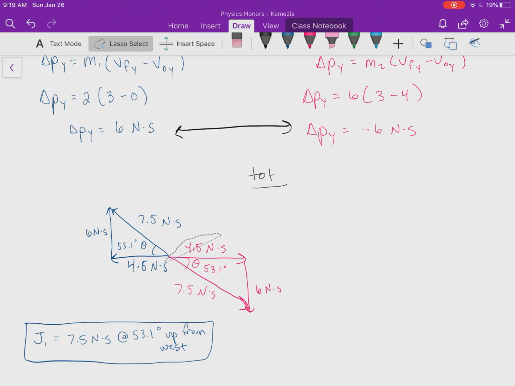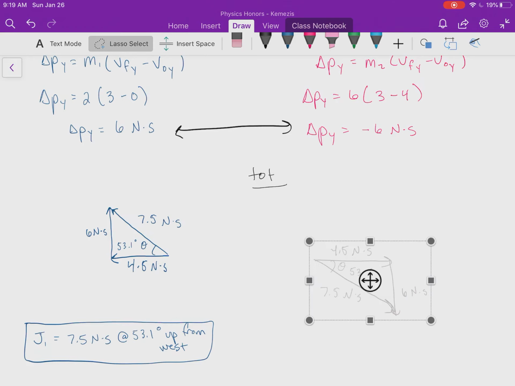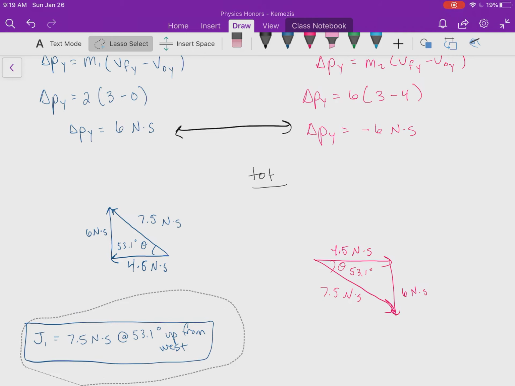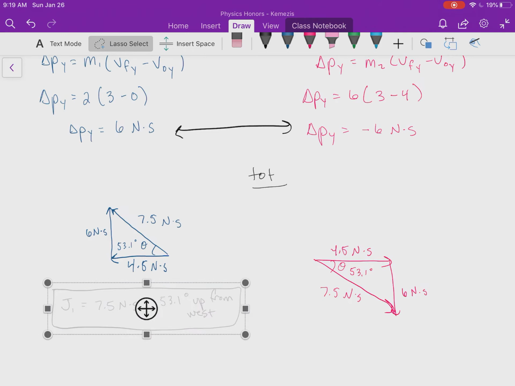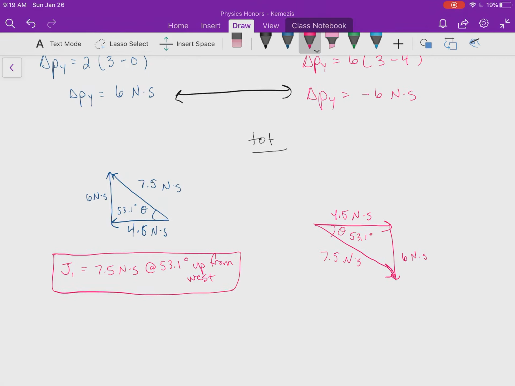So every time we get this collision, even in 2 dimensions, 3 dimensions, you are going to see this equal and opposite. So you don't have to calculate both of these, because if our work is right, then we should be getting equal but opposite impulses. And if we don't, then you know something went wrong in your work.